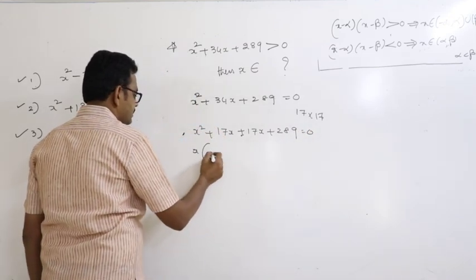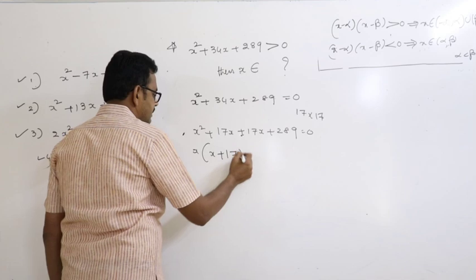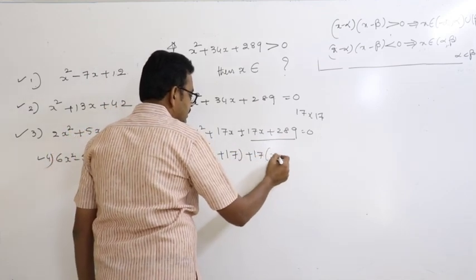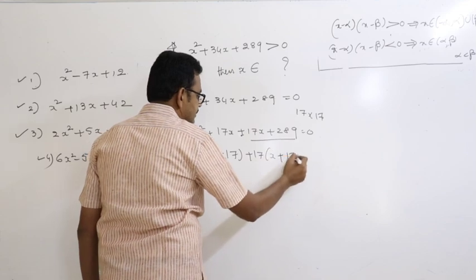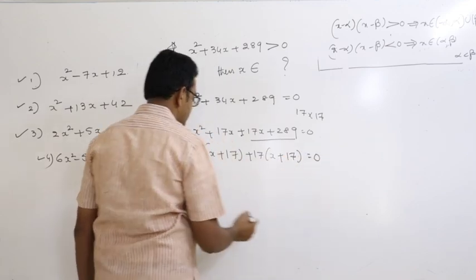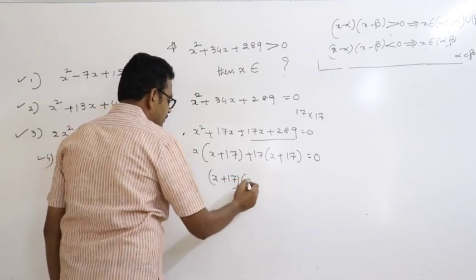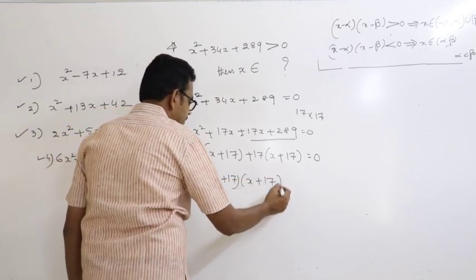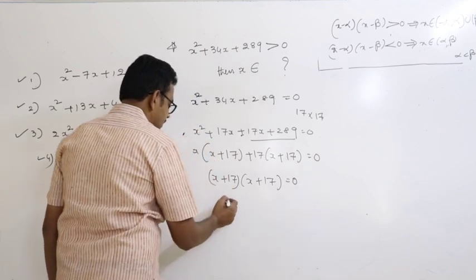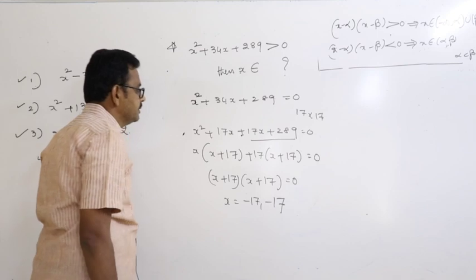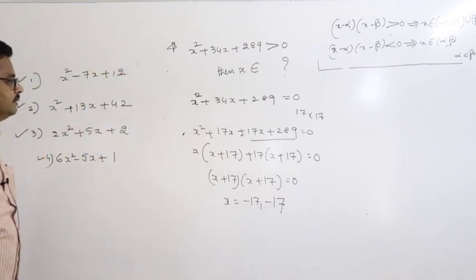Taking x common, x plus 17, and 17 taken common, x plus 17 is equal to 0. So x plus 17 into x plus 17 is equal to 0, x equal to minus 17, minus 17. That means the roots are equal.